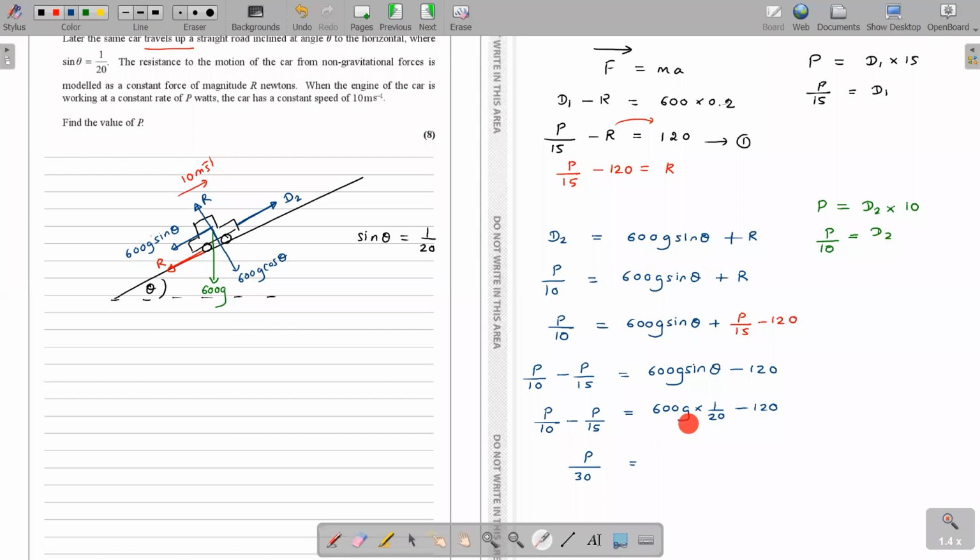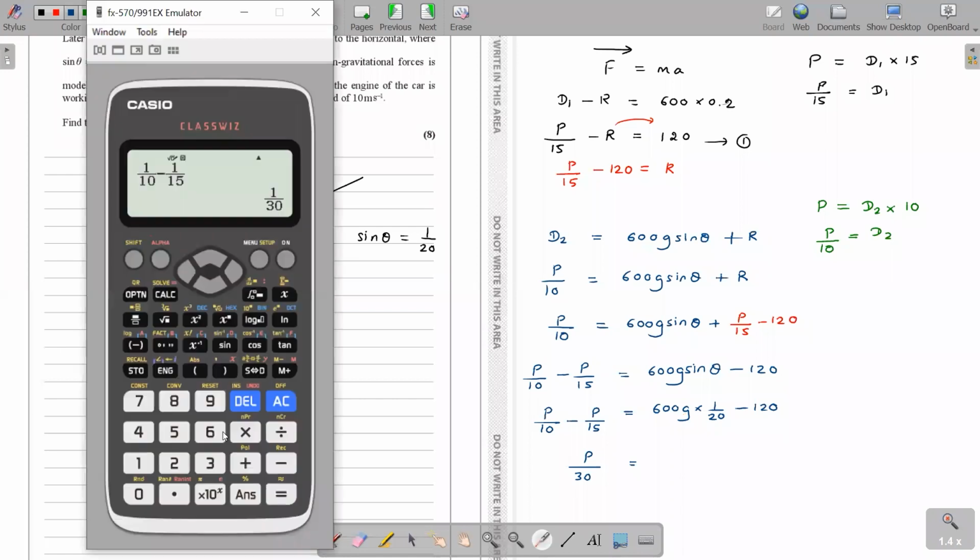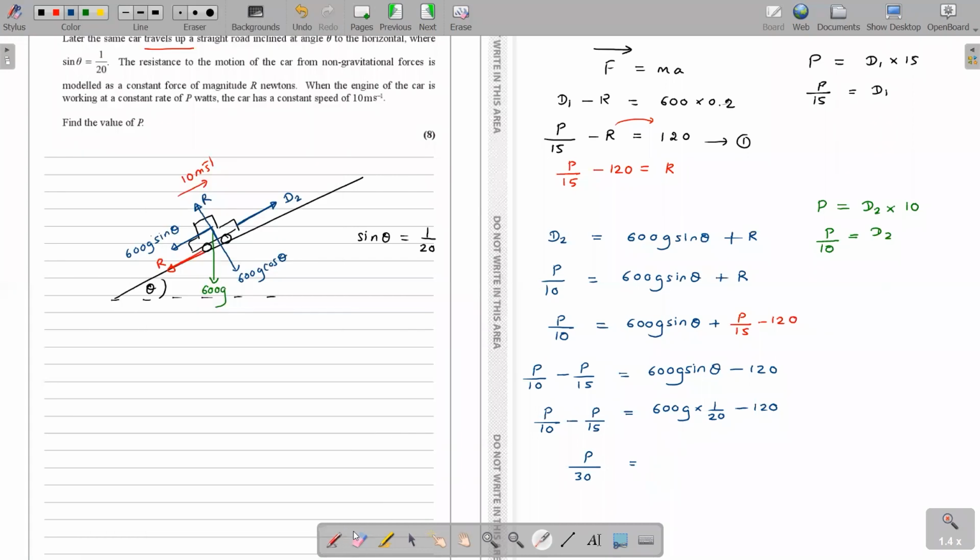The moment you give the g value as 9.8, make sure you give a maximum significant figure of how much? Only 3 s.f. It can even be 2 significant figures. The moment you use g as 9.8, you must give your answers only to 3 s.f. So it's 600 times 9.8 times 1 over 20 minus 120 equals 174, and P equals 174 multiplied by 30.